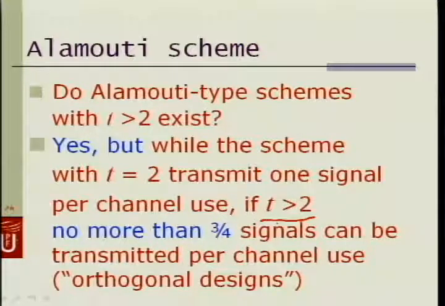If we want an Alamouti-type scheme with t greater than 2, more than 2 transmit antennas, then the rate drops to no more than 0.75 signals per channel used. These are called orthogonal designs. So you may use an orthogonal design with t greater than 2 to exploit the conceptual and practical simplicity of the Alamouti scheme, but the rate will drop to 0.75 or less.